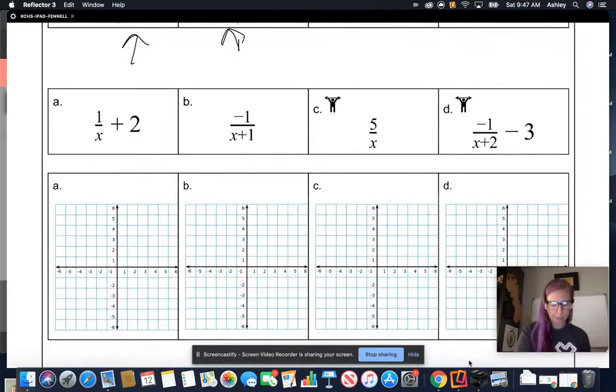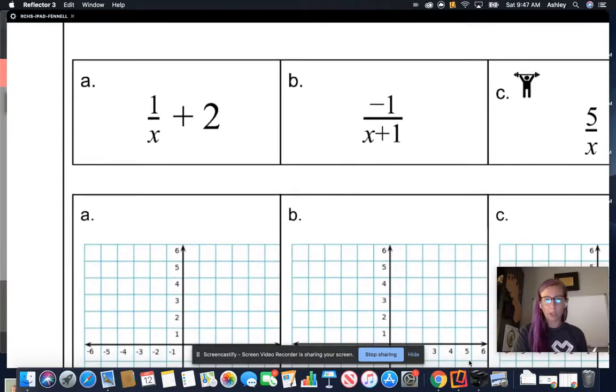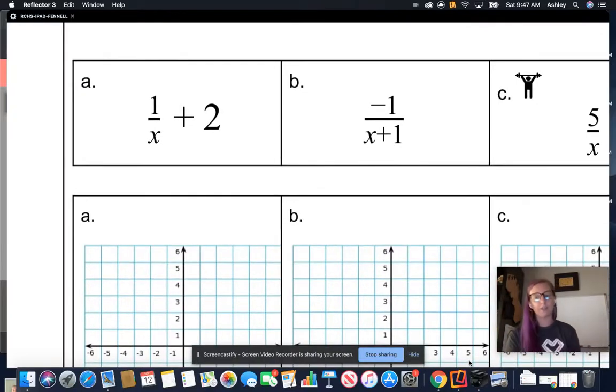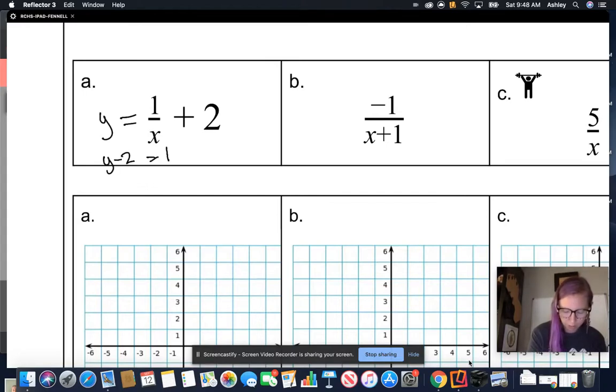Now in this example, my horizontal asymptote is going to shift because of that. I've got to move that 2 over with the y. So the value of y that would make that 0 is going to be positive 2. Remember, we're thinking of this as equaling y, so I'm going to subtract 2 and get y minus 2 equals 1 over x.